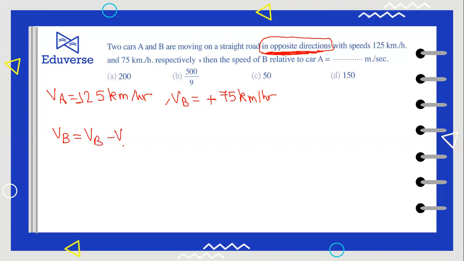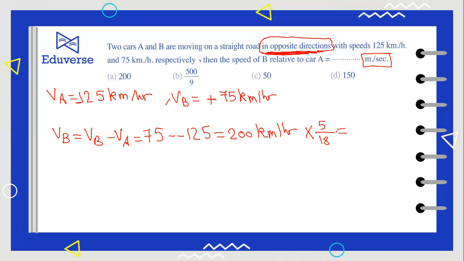VB minus VA: 75 minus negative 125 will be 200 kilometers per hour. Okay, but the answer I wanted is in meters per second. How can I convert? We said before, multiply by 5 over 18, right? Multiplied by 5 over 18, it will be 500 over 9.